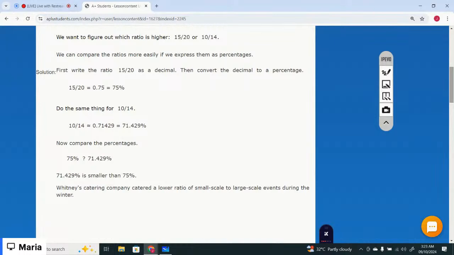That means 71% is smaller than 75%. Okay, let's just start with the test questions.